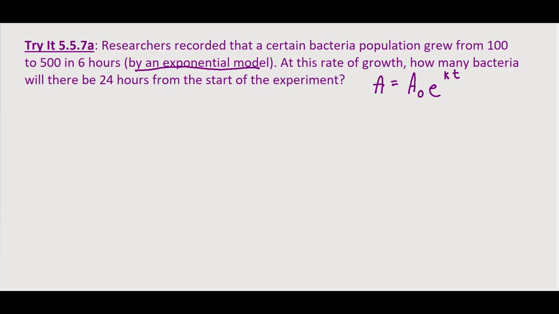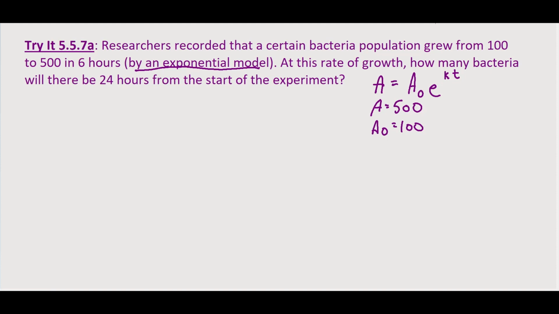So let's go ahead and identify our parts first. A, what do we end with? A equals 500. A naught is what we started with, which was 100. e is just the transcendental number.